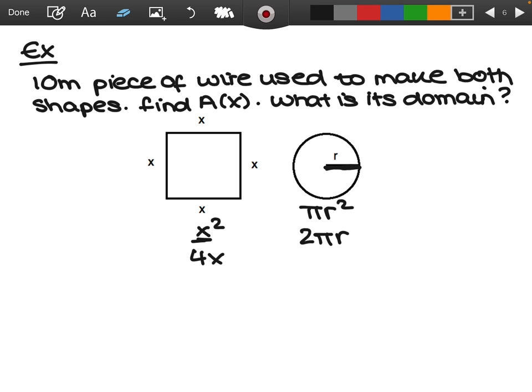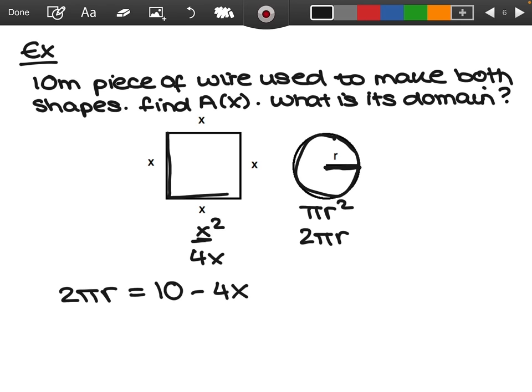I know that that perimeter, that 2 pi r, is going to be my original length of wire minus however much I used of it to make the square. So the circumference of the circle, the amount of wire used for the circle, must be the 10 meters that I started with minus however much I used for my square.